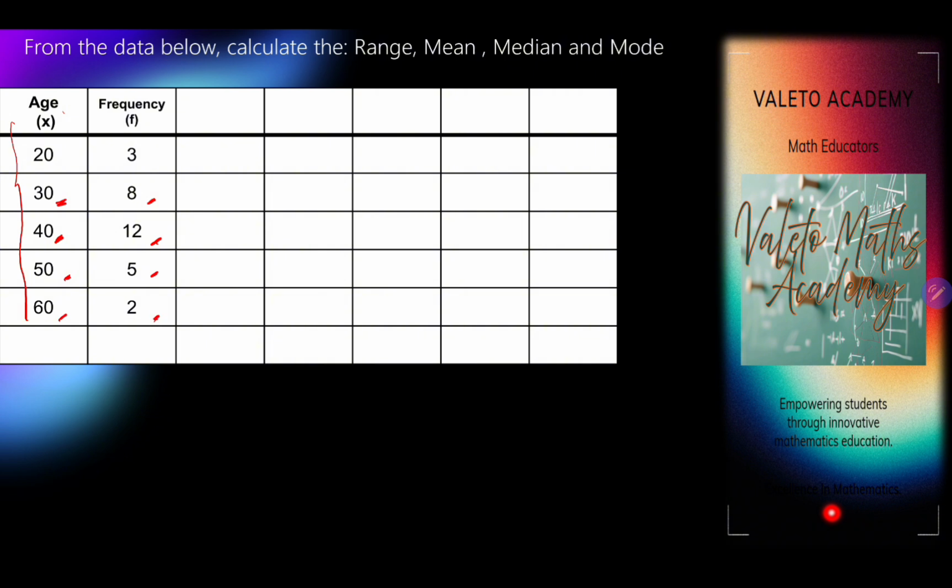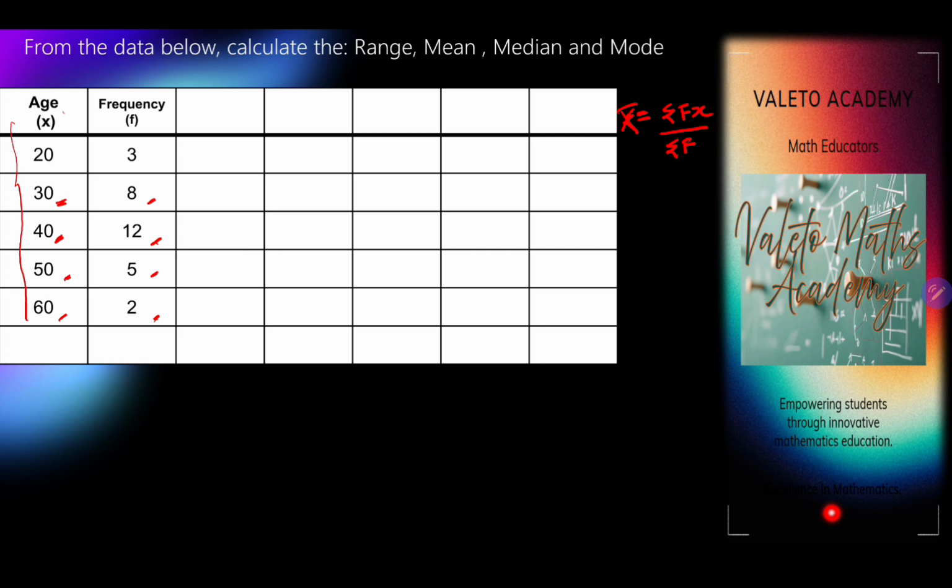Okay, so when we have our information in a table, we could use a formula for our mean. So we say our mean, which is denoted by x bar, is equal to the summation of fx all over the summation of f, where f is our frequency and x is the individual elements in the data set.